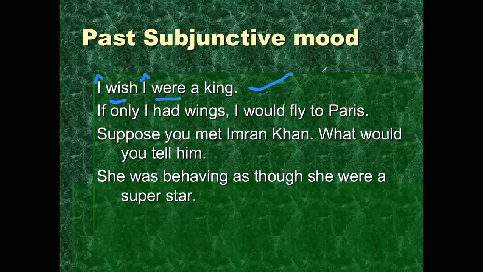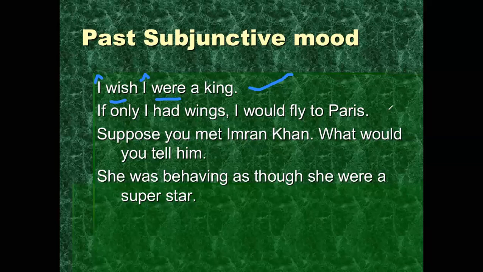And this is his desire, which cannot be fulfilled, which is not possible. Right? So that's why the past subjunctive mood is being used here, because the past subjunctive mood indicates imaginary situations.